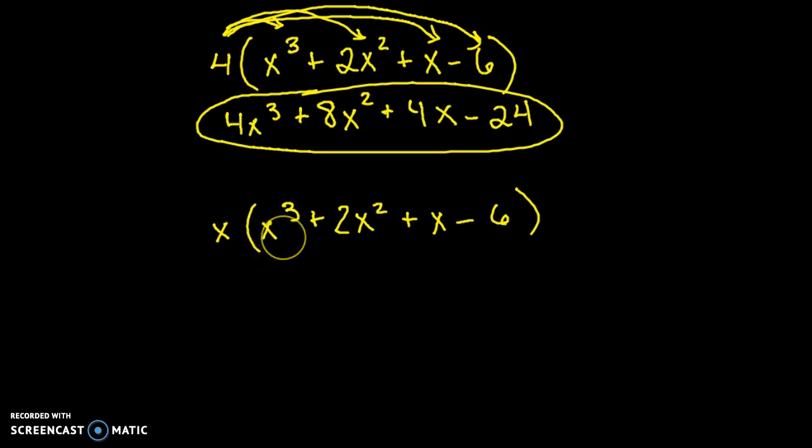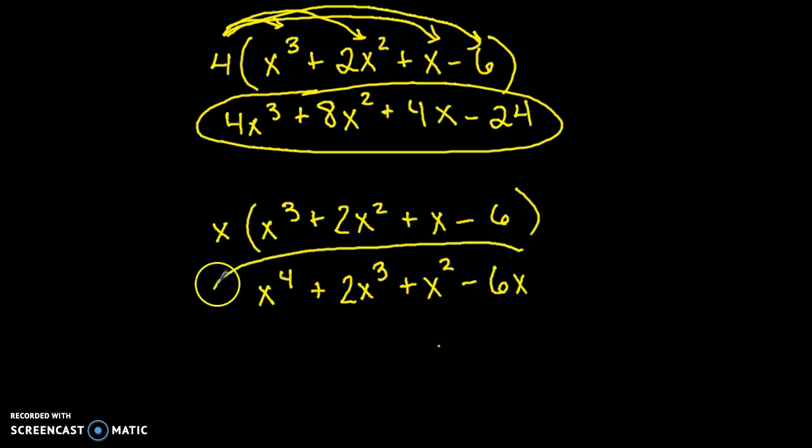So x times x to the third, the coefficients are both 1, so we end up with a 1. It would be x to the fourth, because remember, when you have like variables and you're multiplying, you add the exponents. x times 2x squared would be 2x to the third, and x times x would be x squared, and then x times negative 6 would be negative 6x. And that would be our answer.